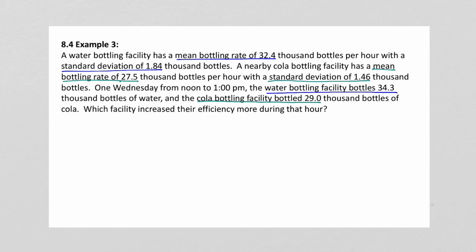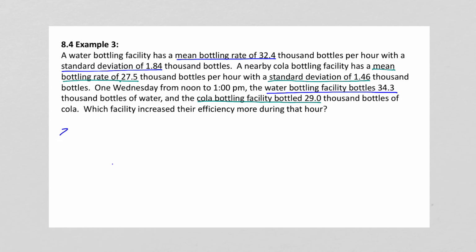With different means and different standard deviations, it's impossible to just look at this and determine which one was more efficient during that hour. The way we do it is to look at the z-scores. If we can see which one is fewer standard deviations from the mean, that would tell us they had better efficiency.